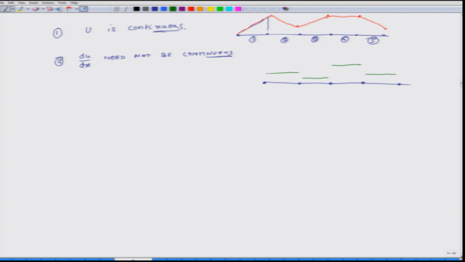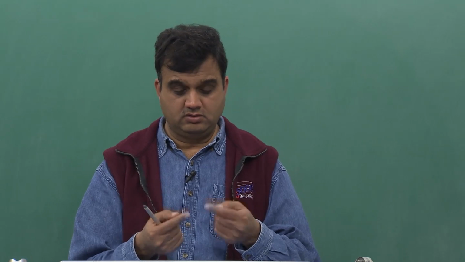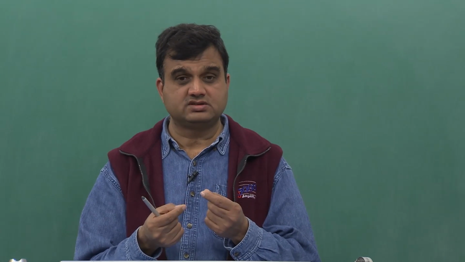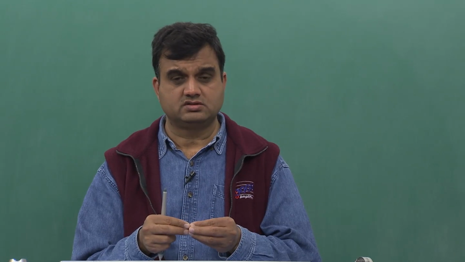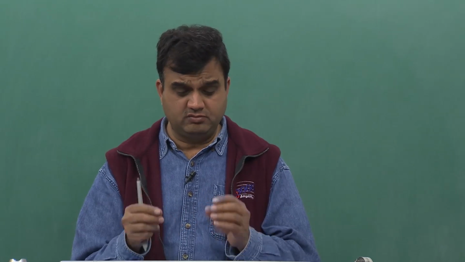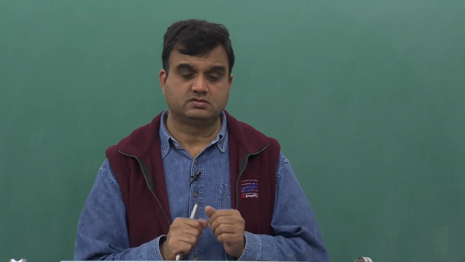For quadratic elements, it will have a linear slope, but again there is no reason to think that at the boundaries the slopes will be the same and they will meet, because the only thing we have ensured is that U is continuous. We have not mathematically imposed continuity of slopes.